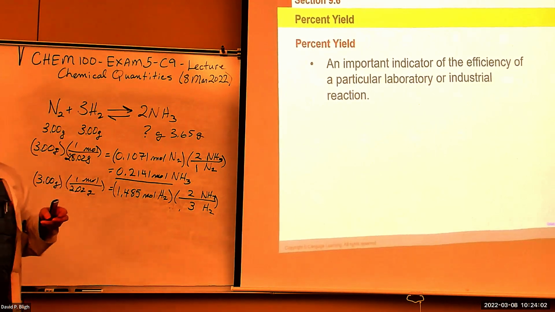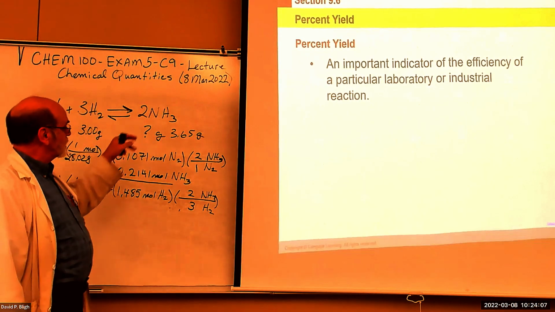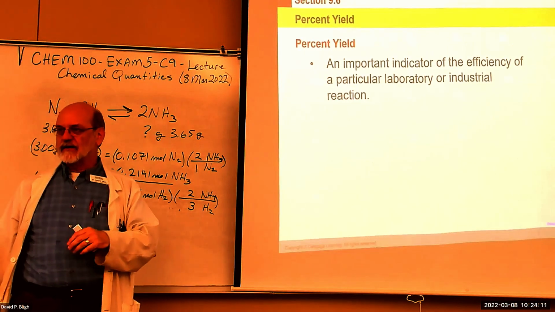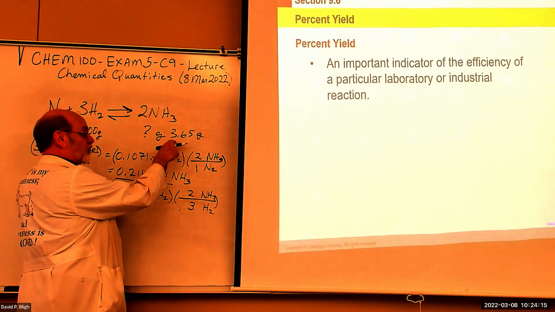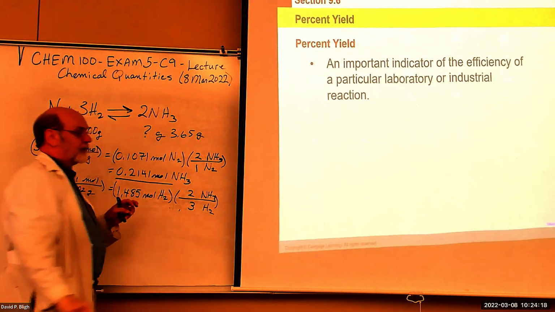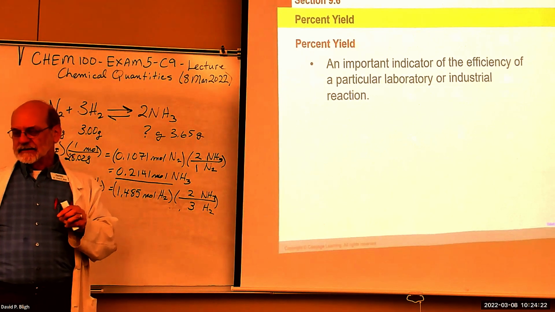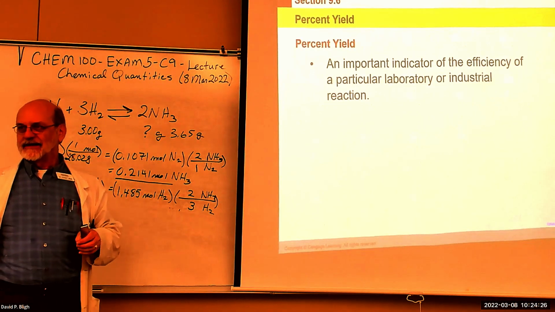The other has to do with isolation of the product. When you isolate the product, you're always going to lose some. You can never get 100% recovery. If we did actually get 3.65 grams produced, when you isolate it, you're going to lose some in the process. Since it's a gas, you may have a leak in your system.